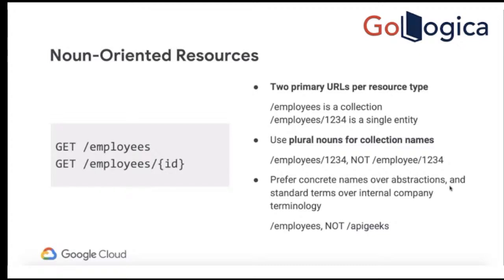There is nothing wrong in having singular or plural. It is just a matter of preference or a recommendation. So Apigee recommends using plural nouns for collection names. However, even singular is fine, because I have seen all of them.